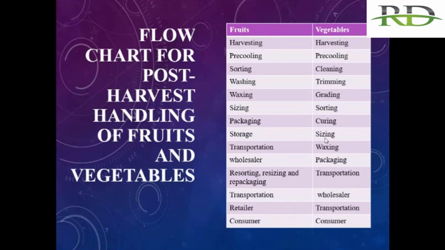In fruits it is not required, but in vegetables curing is required. Curing is the term which is mainly followed in potato, onion and garlic. It is done to remove field heat, because mostly vegetables are grown in field conditions and they remain in the field until harvesting takes place, so the field heat has to be removed from the produce.